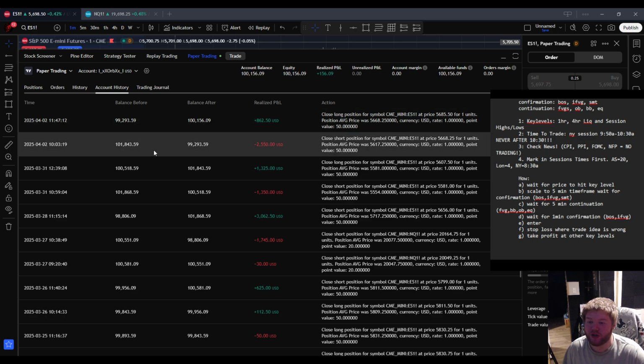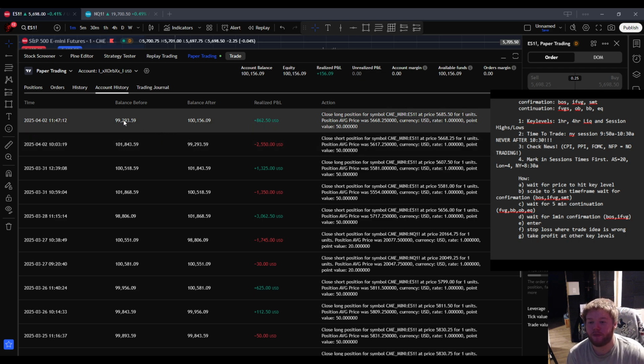Bounce before we took that trade, bounce after. On this trade specifically, we lost $800, $1,600. And then from this trade, we re-entered on a long position, made the 800 back. We made literally half of what we lost back.